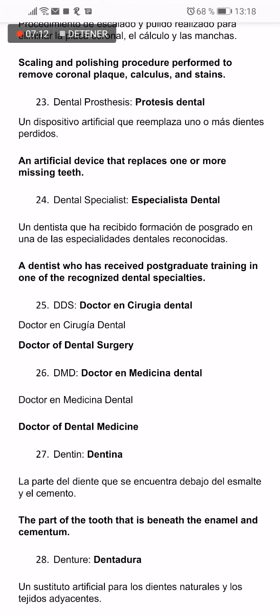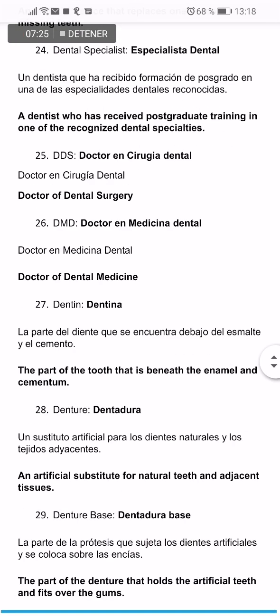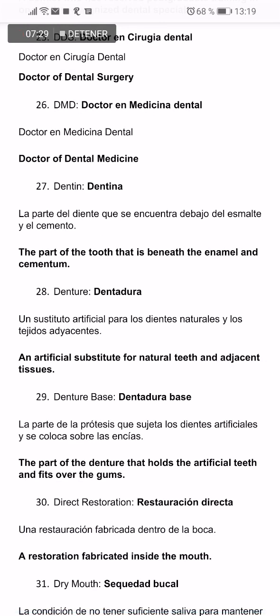DMD: Doctor of Dental Medicine. Dentine, dentina: the part of the tooth that is beneath the enamel and cementum.